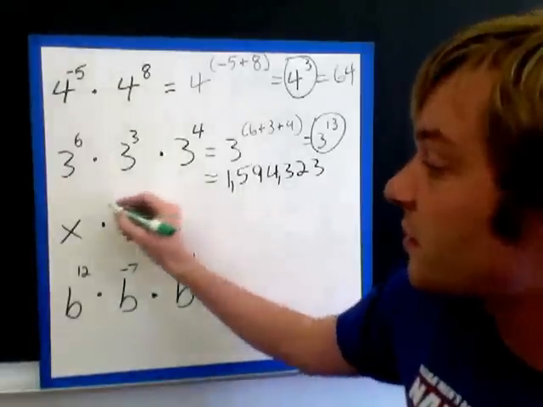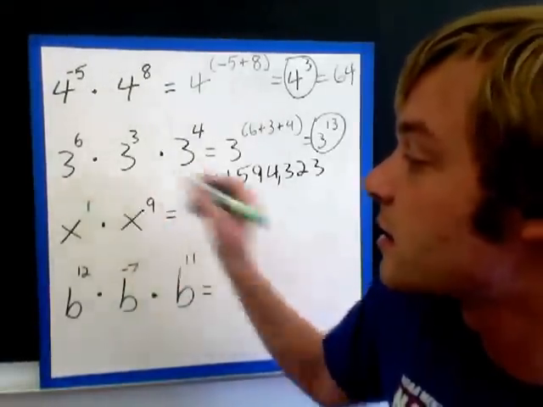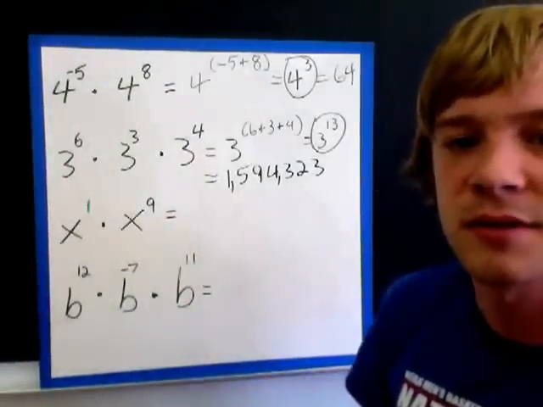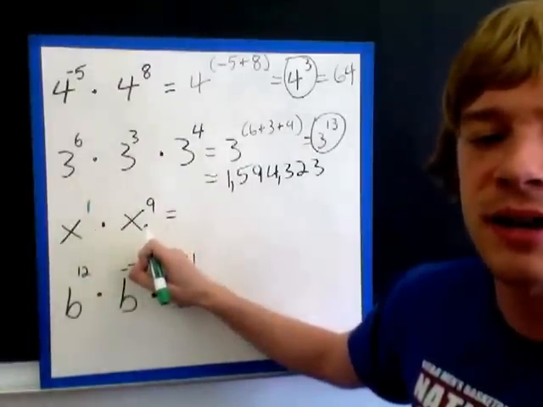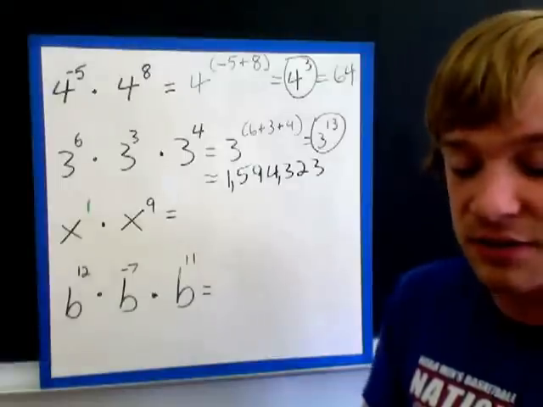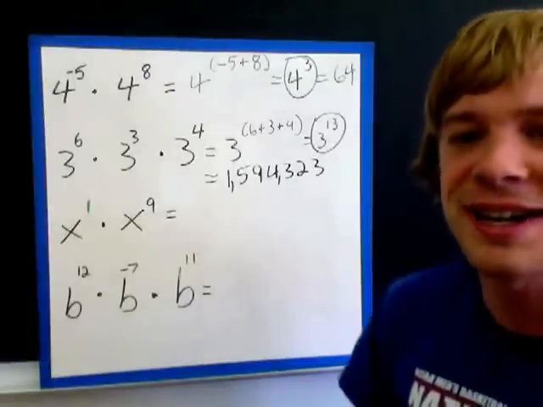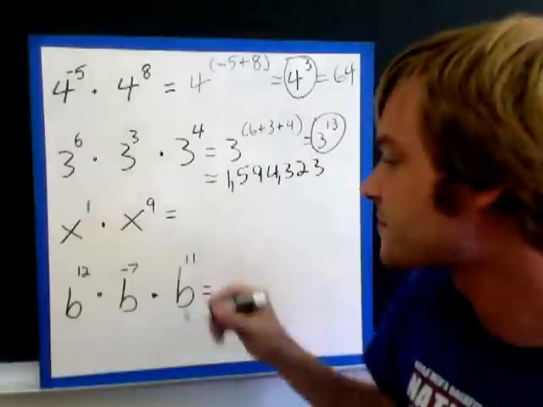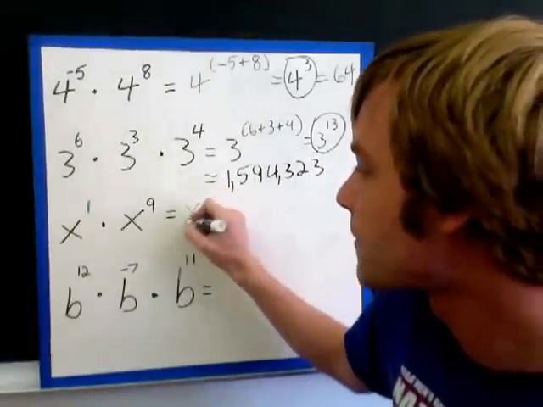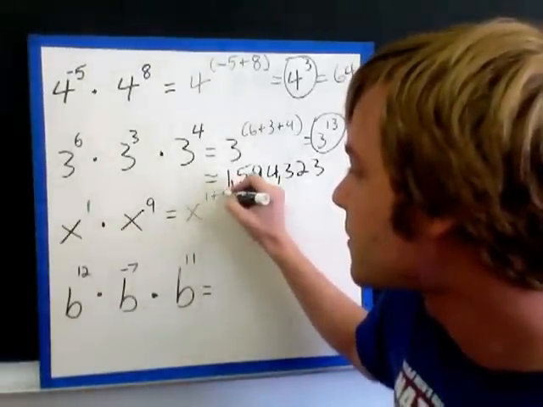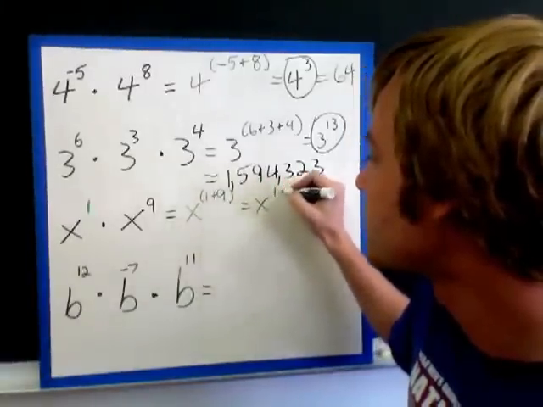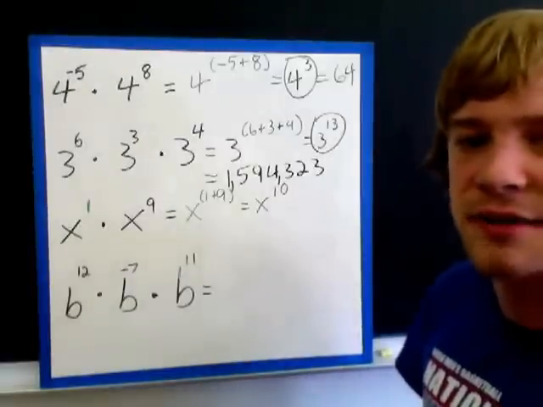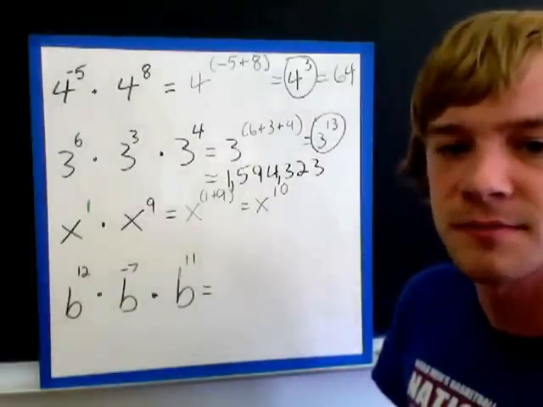But there is, in fact, a 1 right there. So if I have x to the 1 and x to the 9, I can add those powers together, and I should get x to the 10. Just like that. Very simple.